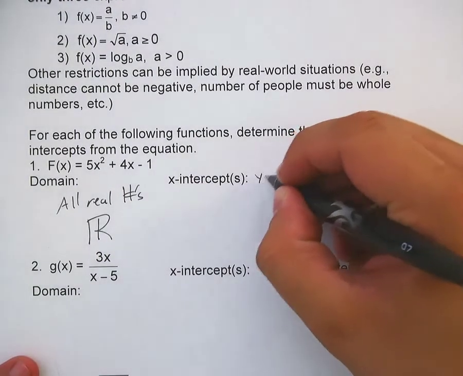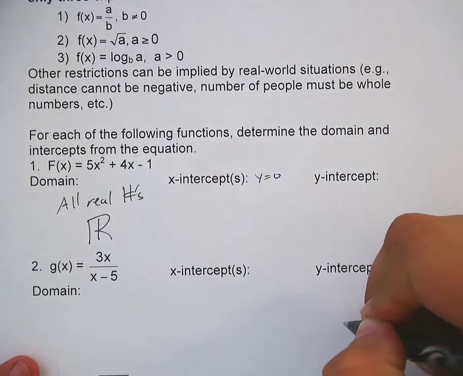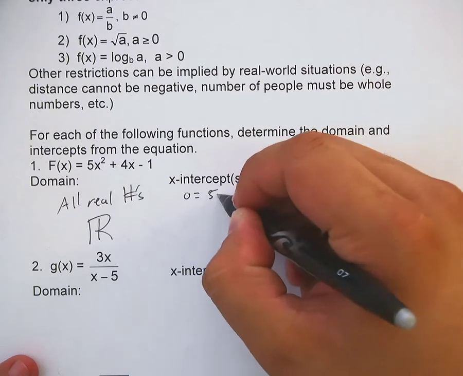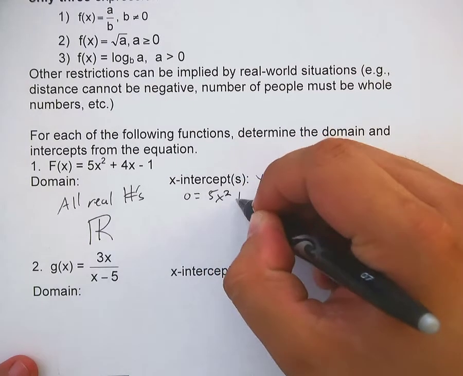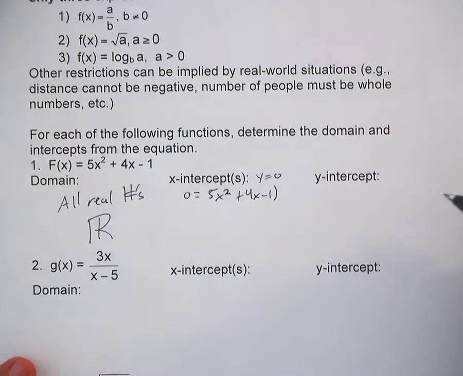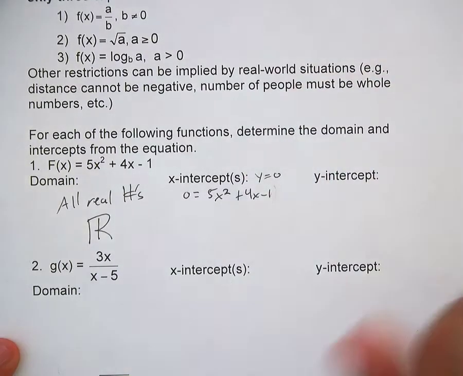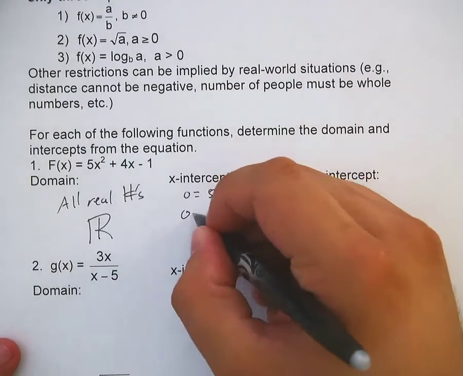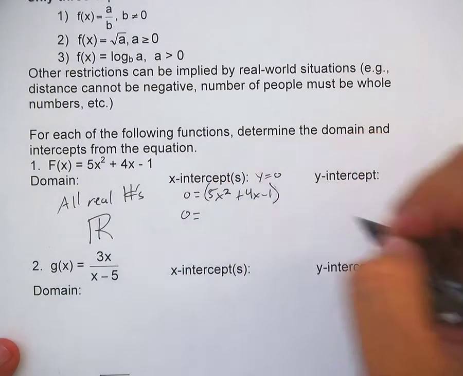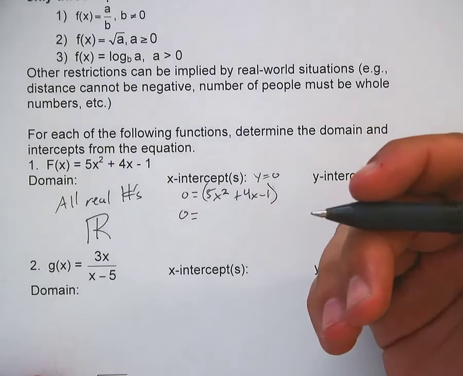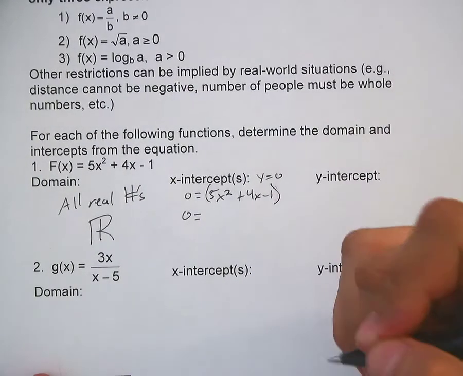X-intercepts, we set y equal to 0. So your x-intercept here, 0 is equal to 5x squared plus 4x minus 1. If we factor that, factoring you should remember from Algebra 1 and Algebra 2, if we need help, I'll help.